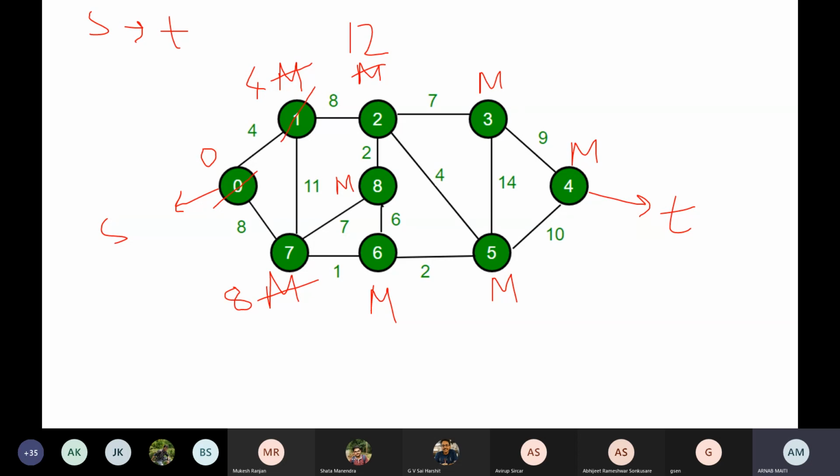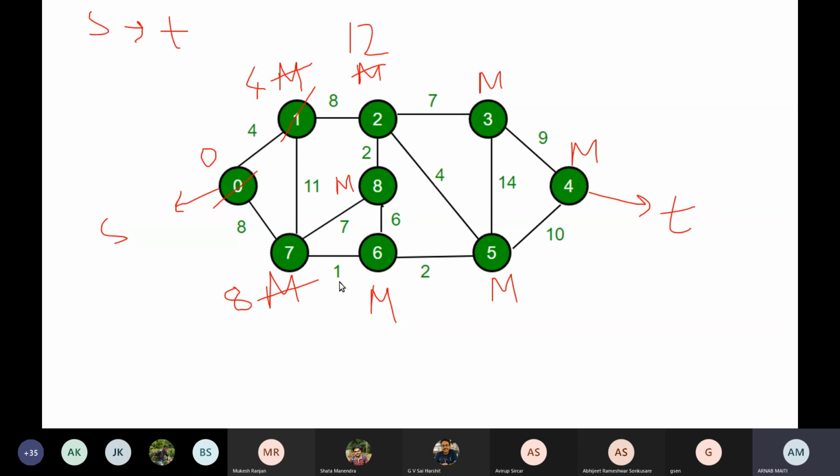Now, the next smallest number which is not struck out is 8. Let's have a look at its neighbors which are not struck out yet. You have to look at the number associated with its node and then add the numbers on the edge.